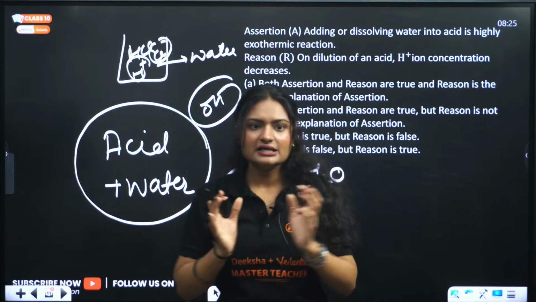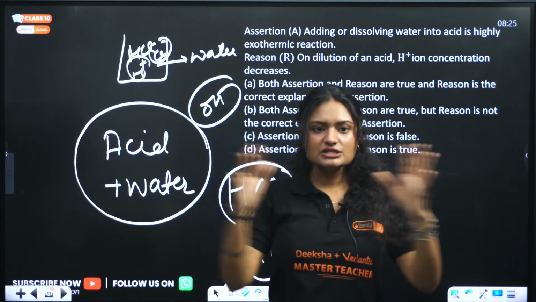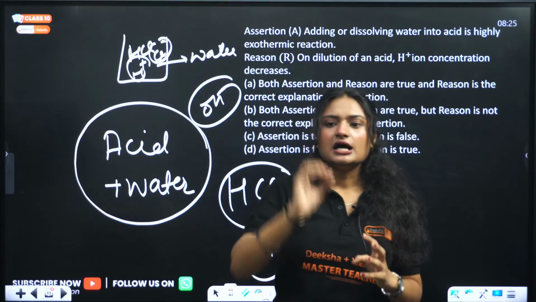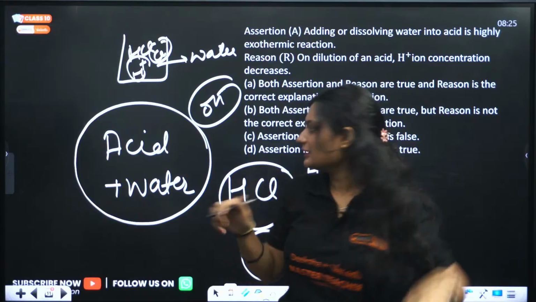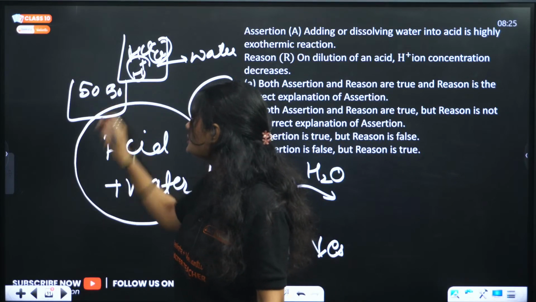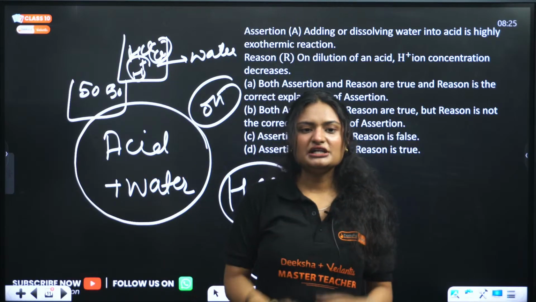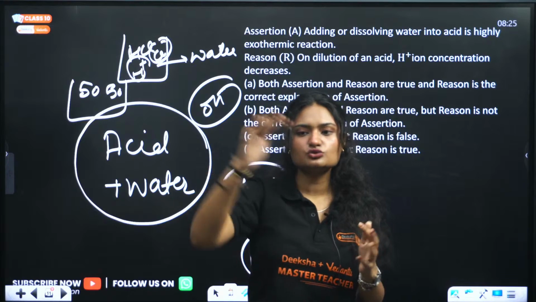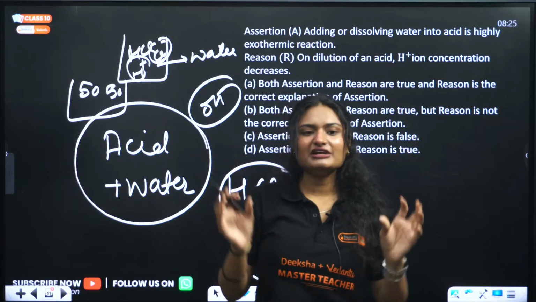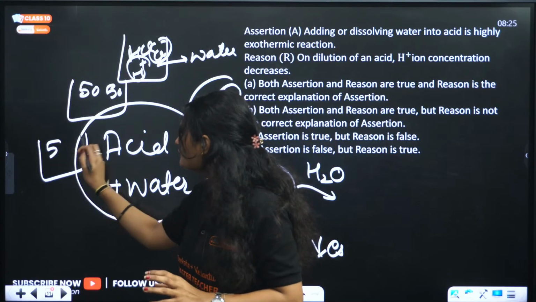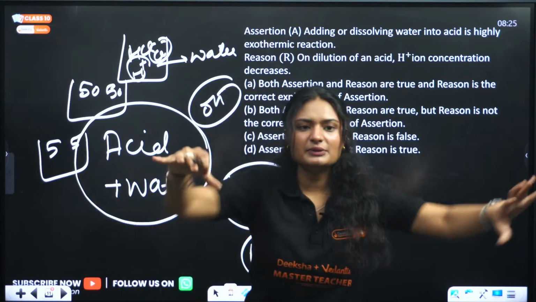Initially, let's say in this room there are 100 people, 50 women and 50 men. That is very packed, right? But if they start diluting, that means they start going out of this room, and only 5 men and 5 women are there, the gap will be a lot more.